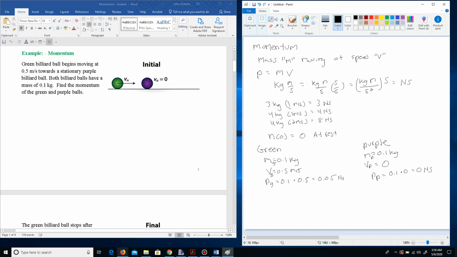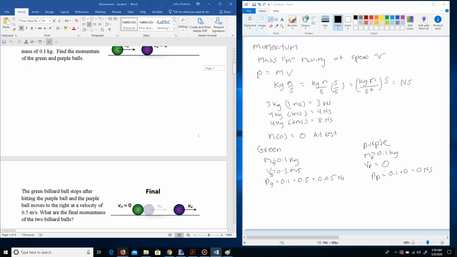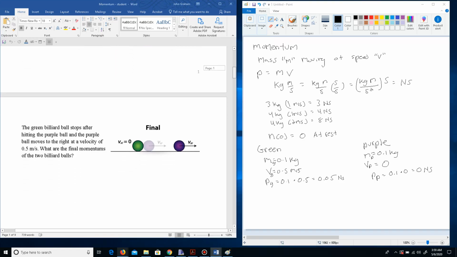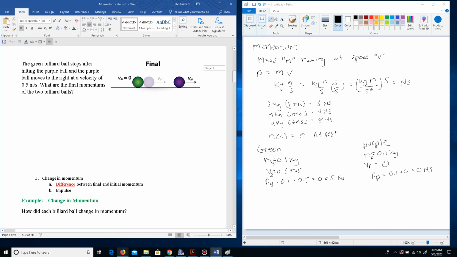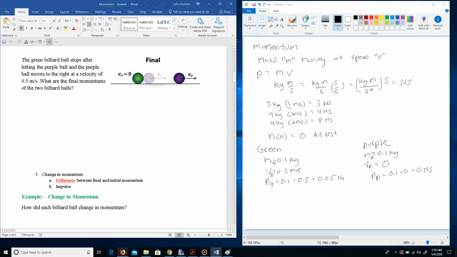Alright, so what's going to happen is the green one's going to hit the purple one. And after it hits, you're going to have different speeds. So this is going to be after the collision. This is going to be before the collision. This is going to be the collision. This line I'm going to draw. After, neither one's going to lose any mass.